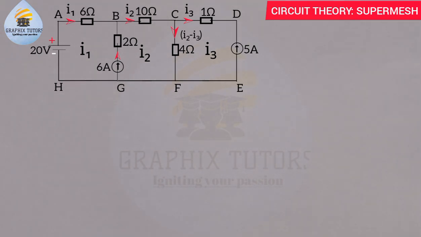When we do that, it will stop the flow of current in the branch BG, which is the same as removing the entire element on that branch. So my new circuit will become like this if I redraw it, right?